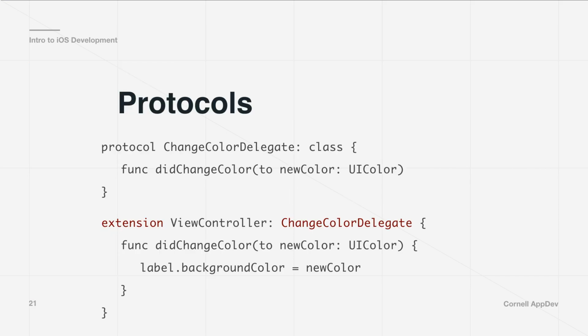So what we often do is actually create extensions in Swift for our view controller or whatever, and for every single protocol that we want to conform to, we will create an extension for it. And we still have to implement all of those methods. But inside the extension, it's still inside the view controller. So inside that function here, did change color, you can still access all of the properties that are inside that view controller. All of that is still there, but it's just in a different place to make it look more neat and organized.